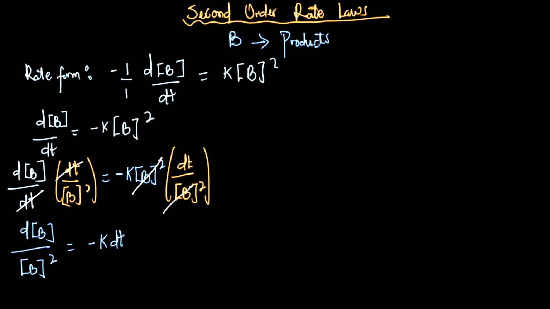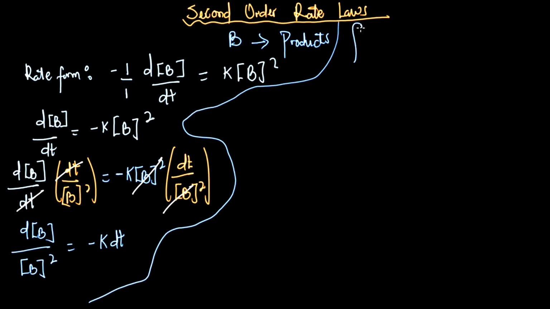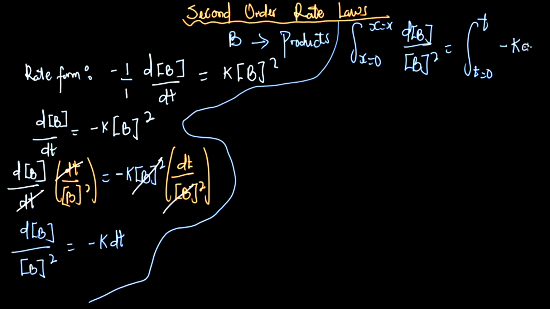We're going to have the limits from [B] equals [B]₀ to [B] equals [B]ₓ on the left, change in concentration of B over [B]², and on the right from t equals 0 to t, minus k dt.